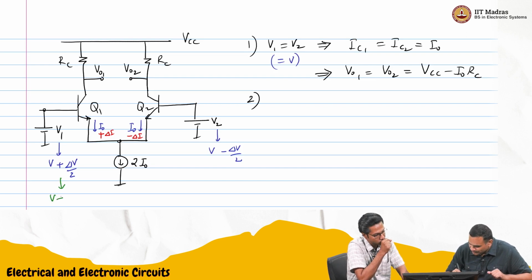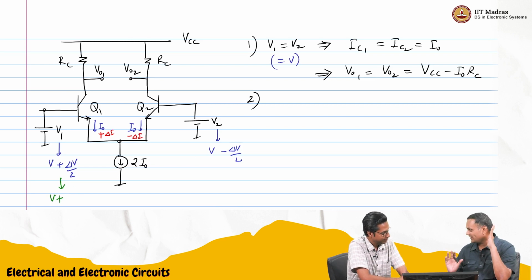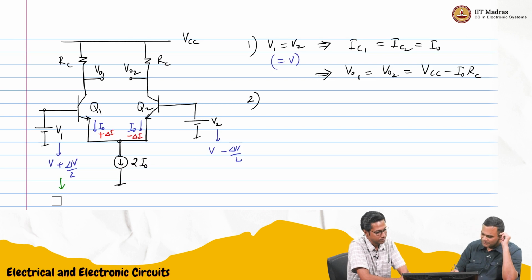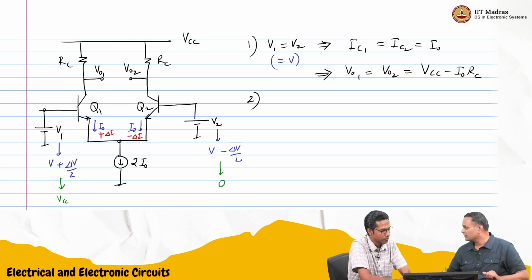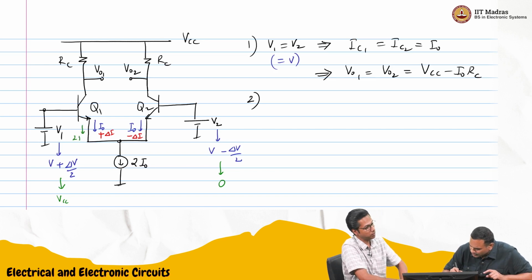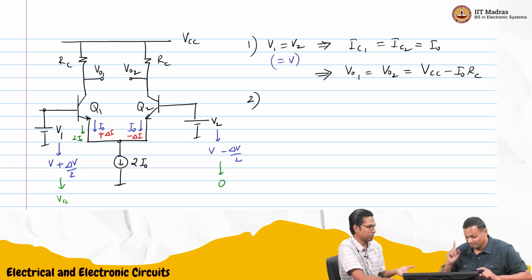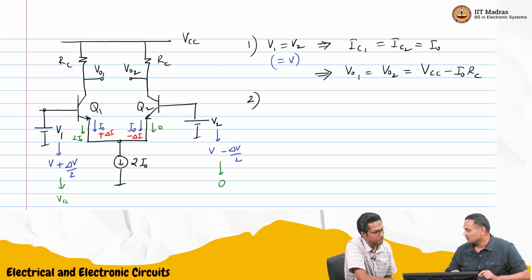Suppose I take a large value, so it's no longer a small delta V. That is the most extreme: one side goes to 0 volts, the other to VCC. What will happen is the delta I would get larger and larger until I get 2I0 in one branch. For that, we may not need to go up to VCC. It may happen even before VCC.